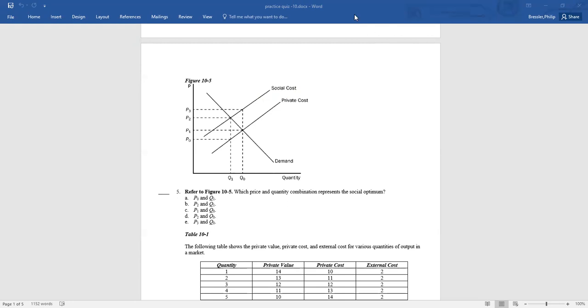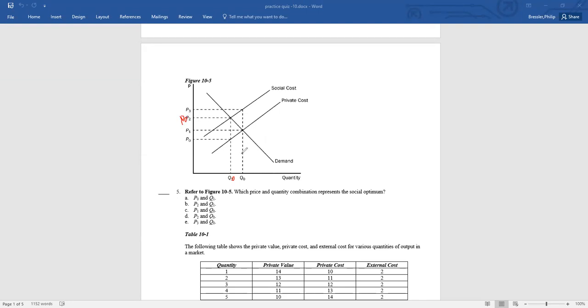All right, socially optimal, again, just like the last problem, is going to be where marginal social cost intersects marginal social benefit, and that would be Q optimal, okay, rather than price optimal.